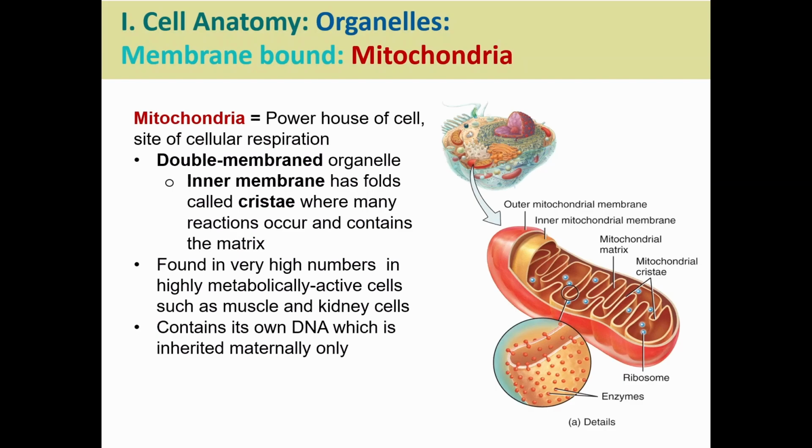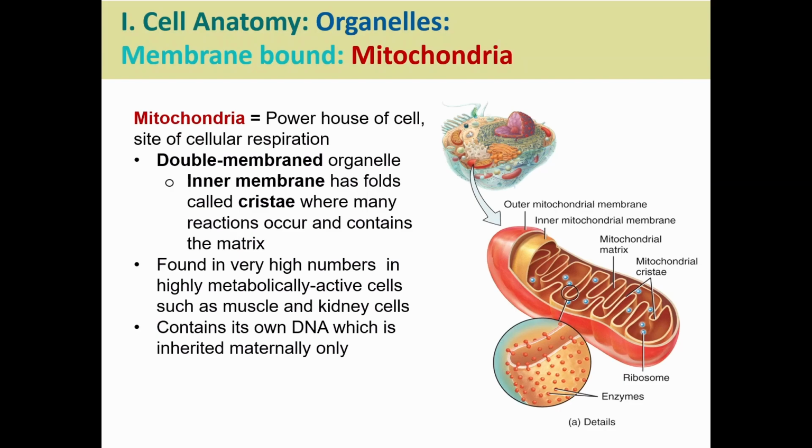The other evidence we have of this is that mitochondria have their own DNA. So also very unique compared to other organelles. We only inherit this from our mothers though, mainly because the mitochondria you have are coming from your mom. They're coming from the egg.